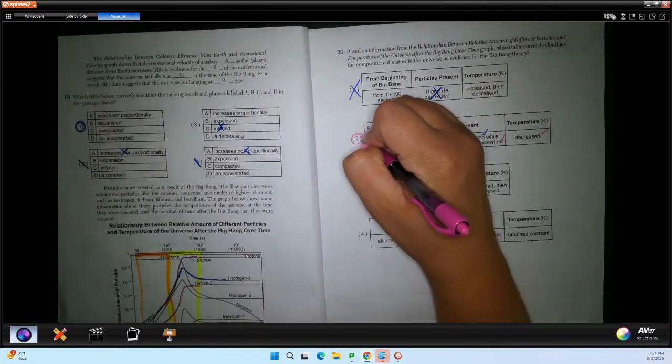Okay, so in this case, we have to be careful. We can't just use the 1 and the 3. We have to look at the exponents first. So this one says 10 to the 9, and this says 10 to the 8. So since my exponent is decreasing, that means that this is getting smaller. So my temperature is also decreasing. So that is true. That looks good. So my correct answer is number 2.